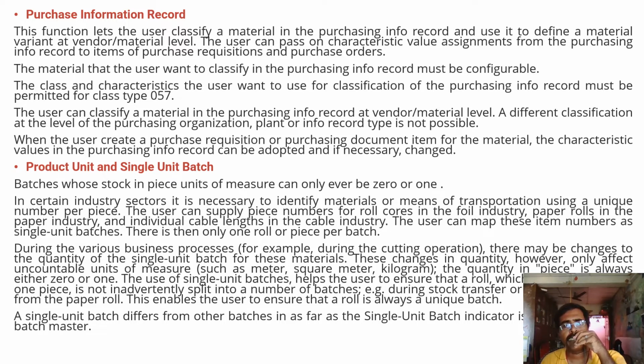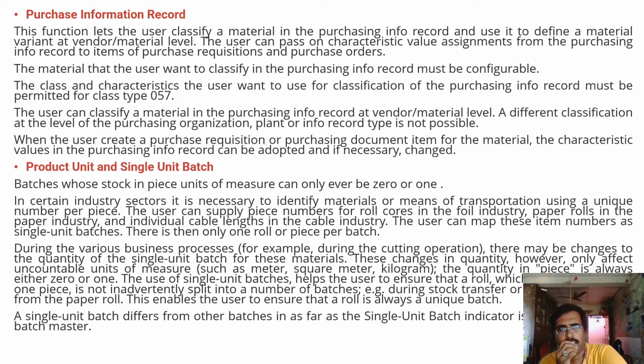A single unit batch differs from other batches in as far as a single unit batch indicator is set in the relevant batch master. It is having a unique batch number, which is different from the other batches.